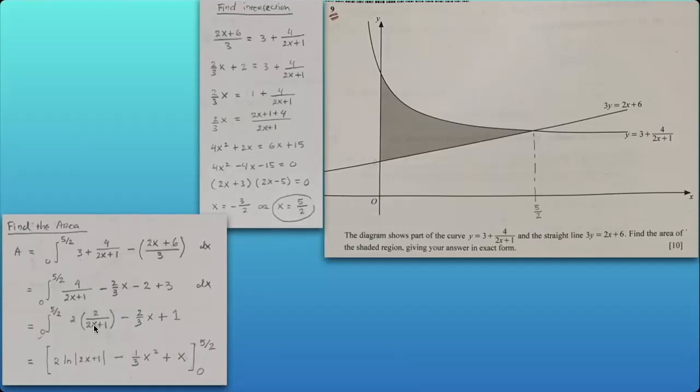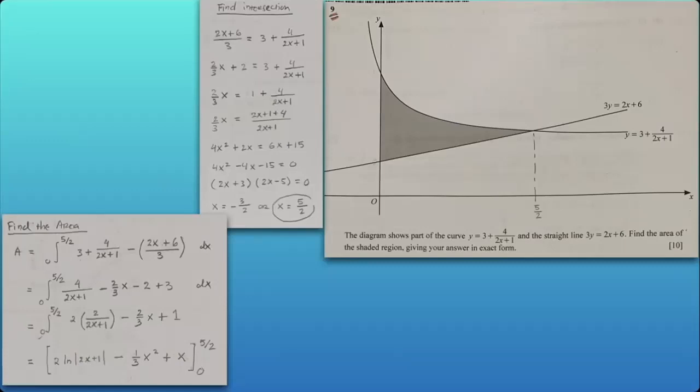Now for this, we take 2 out, because 2 times 2 is 4, so we take 2 out. Now for this expression, if you take a look, the numerator comes from the derivative of the denominator. Therefore, we can apply ln. So this becomes ln of the absolute value of 2x plus 1.